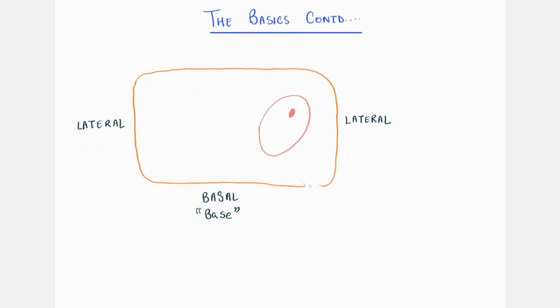The directions are defined by what is present right here. I'll come to what is present right there in a minute. And this is called the apical part. It comes from apex. Like in a triangle, if you remember, we have a base, then there's the apex, isn't it? So it's just like that. This is the apex and this is the base. I'll just remove the triangle. It's not of much use here.